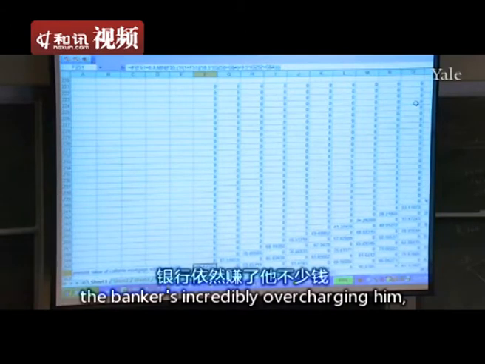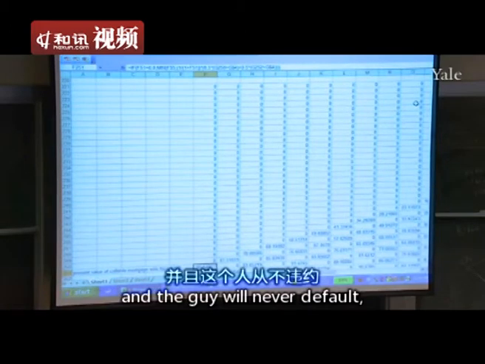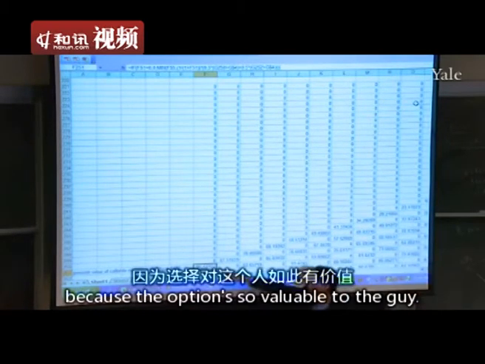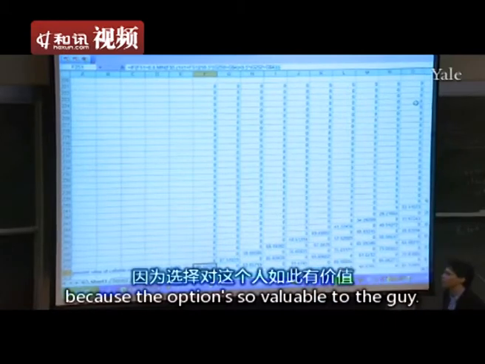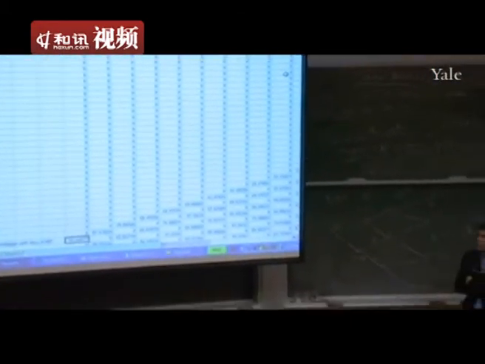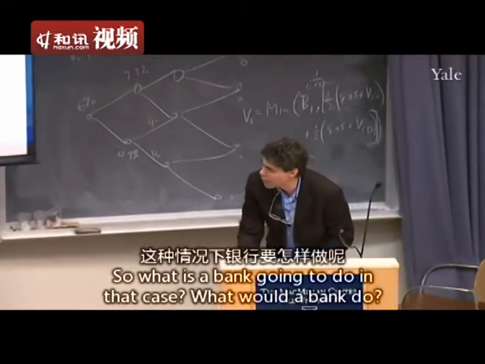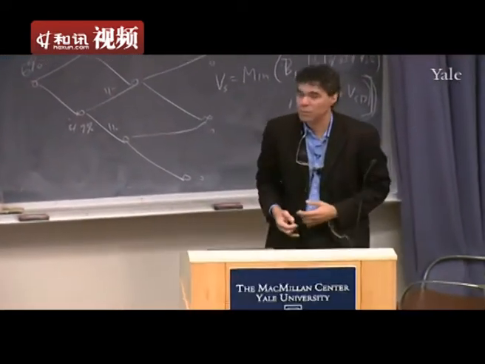The banker's incredibly overcharging him, and the guy will never default. Still, the bank is getting a terrible deal because the option's so valuable to the guy. Okay, so what is a bank going to do in that case? What would a bank do?